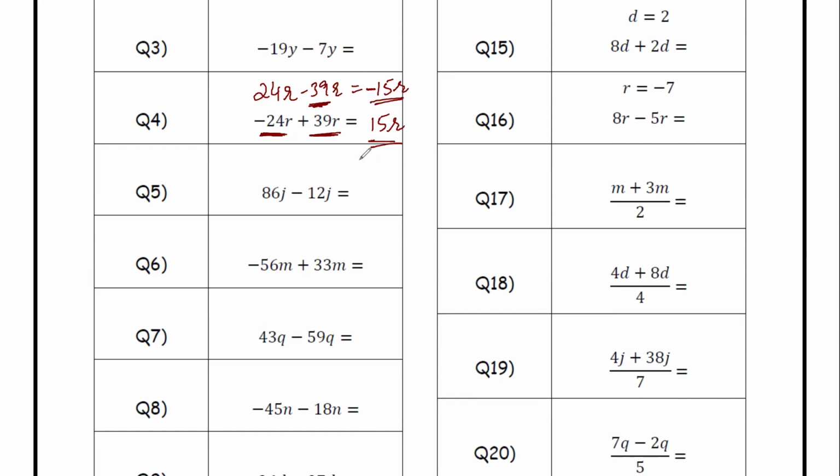Now, don't get confused here with negative 24, and in this example, 24r and negative 39r.